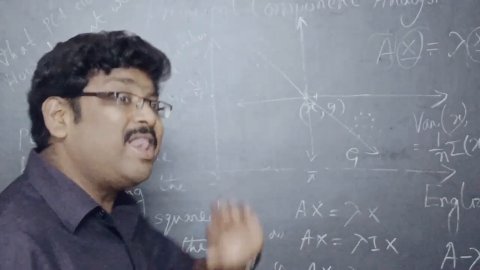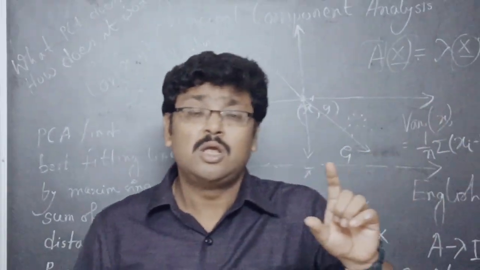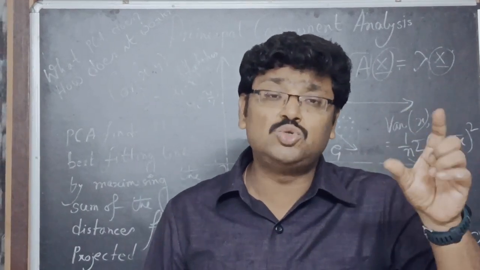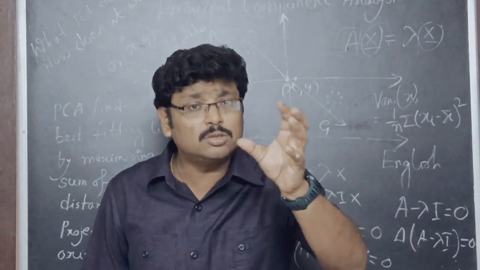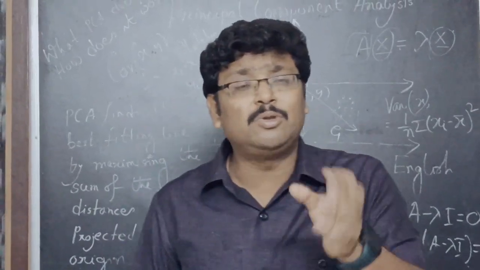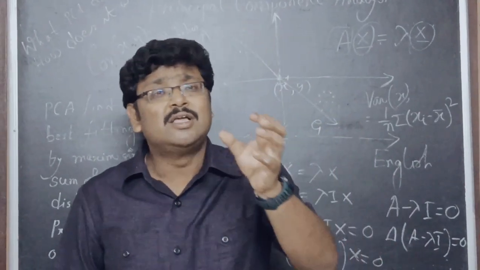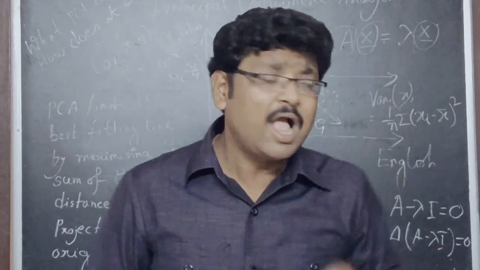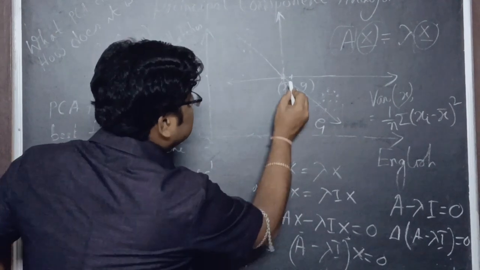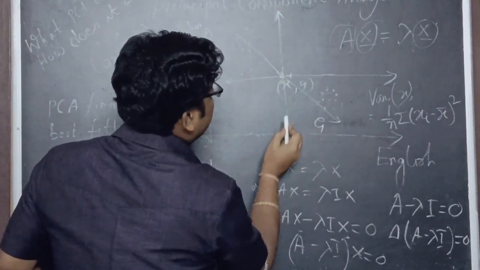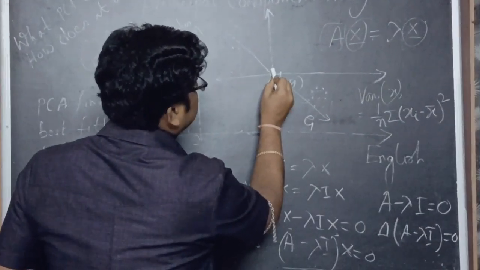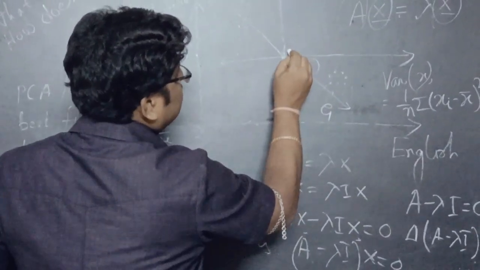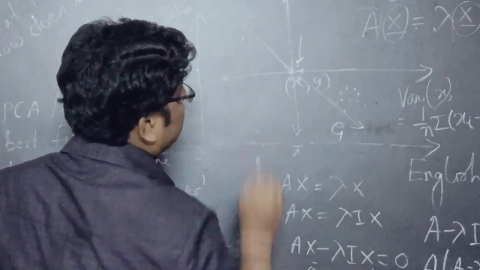And now for lambda 2, we have another normalized vector, that is E2, and for E2 we have two values, for example 0.8 and 0.7. So 0.8 is here and 0.7 is supposed to be here, this point. Okay, I can mark it in this way.